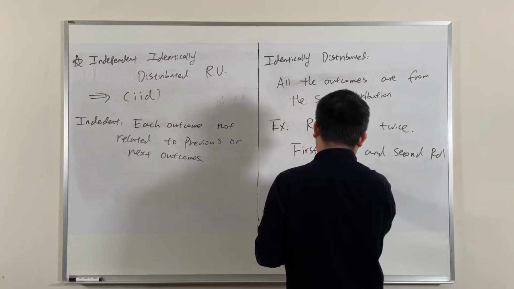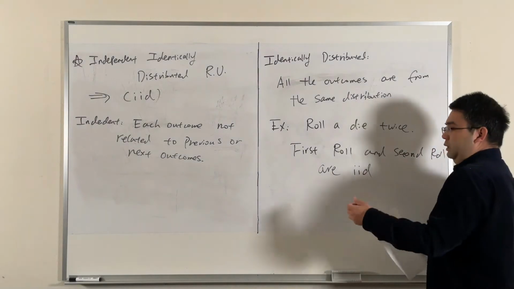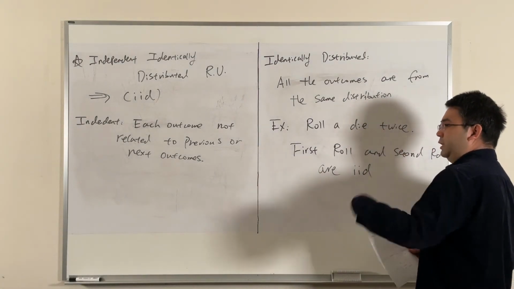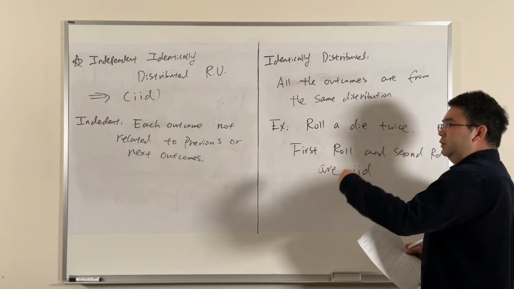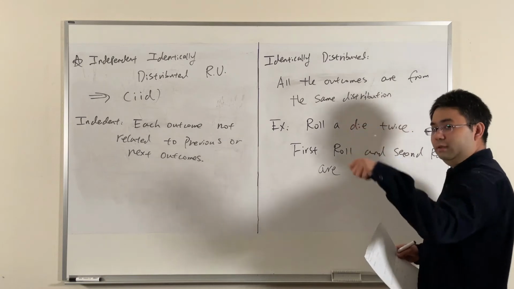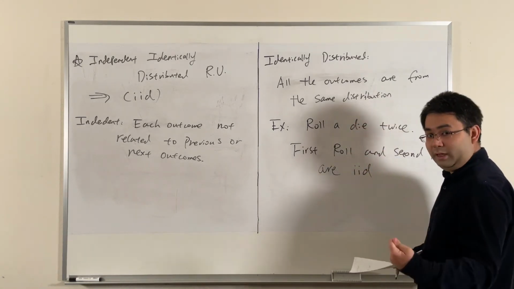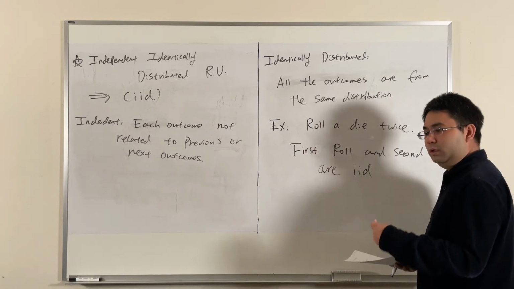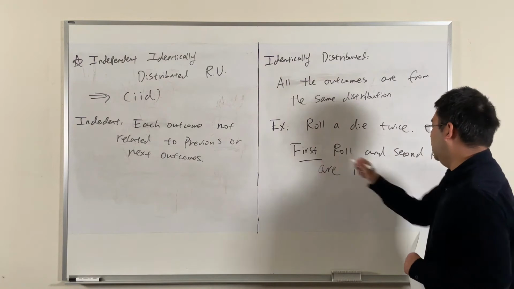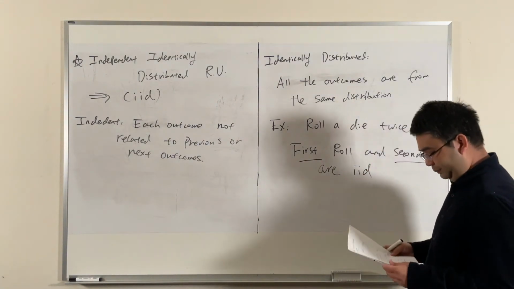Independent, identically distributed. Because the first time does not affect the second time, and the second time does not affect the first time. They're independent. And they're from the same die, so they're from the same distribution. So these two are IID.